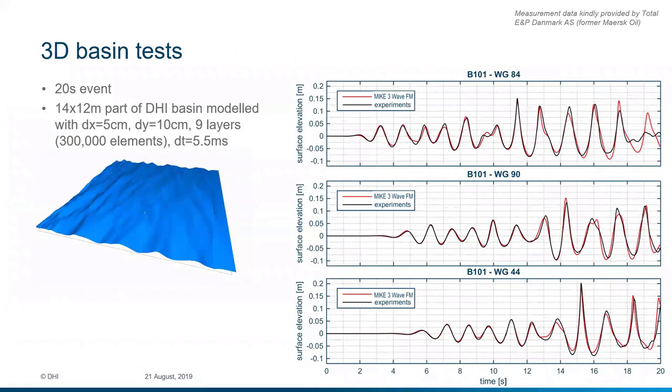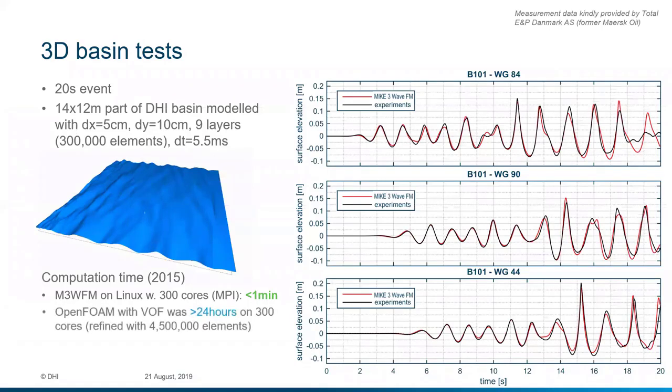So we have also done some speed tests. Here we are considering a three-dimensional basin, which is 14 by 12 meters. It's actually our basin here at DHI Hørsholm, where we have run MIKE 3 Wave FM on Linux with 300 cores and MPI.